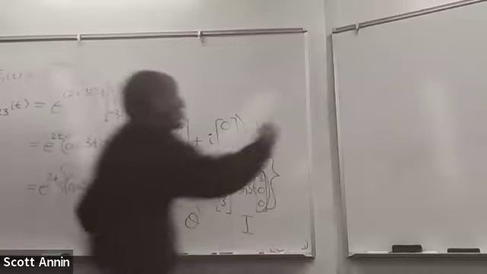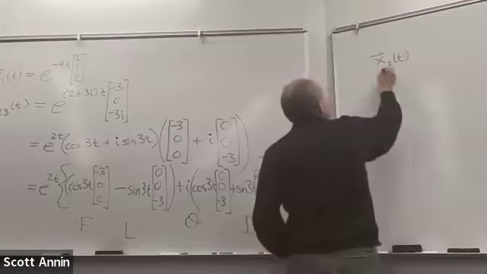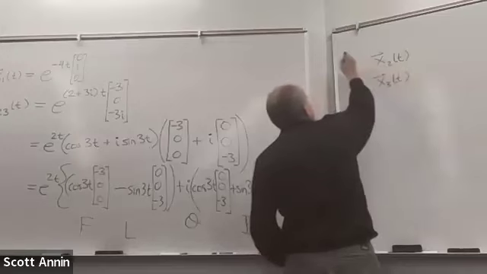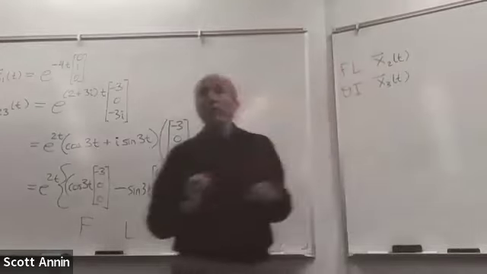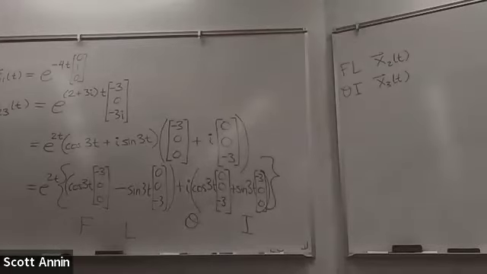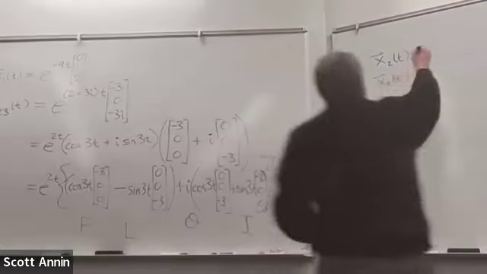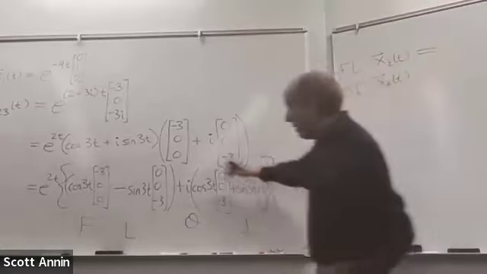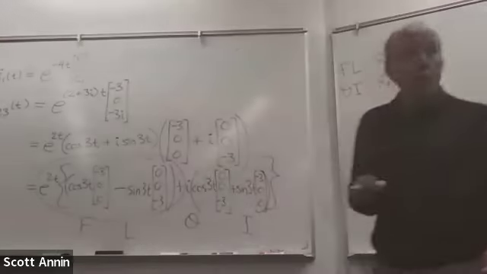Remember that the two solutions, I'm going to call them x2 of t and x3 of t. The x2 is going to come from the first and last part of the FOIL, and then the x3 is going to come from the outers and inners part of the FOIL. So we have two parts here. Let's just write them down. For the x2 part, we literally just grab everything in the front and make a solution out of that.